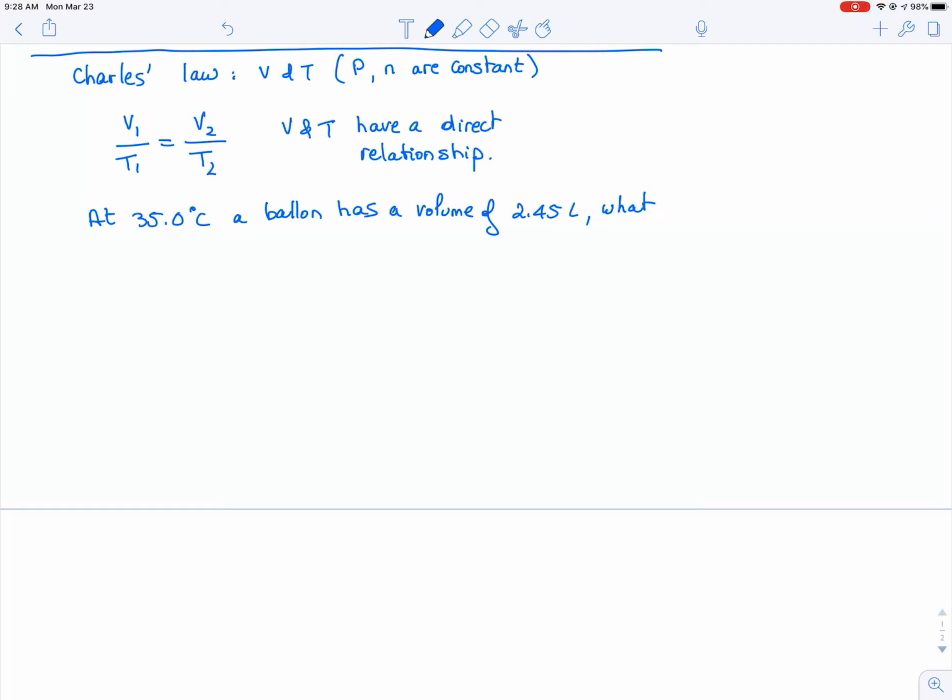What will be the new volume if the temperature drops by 30 degrees Celsius?